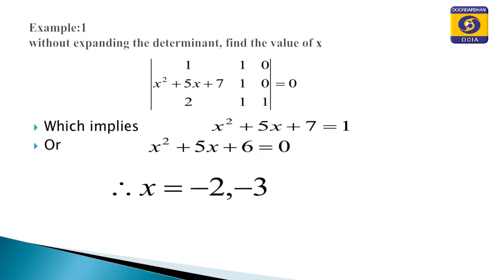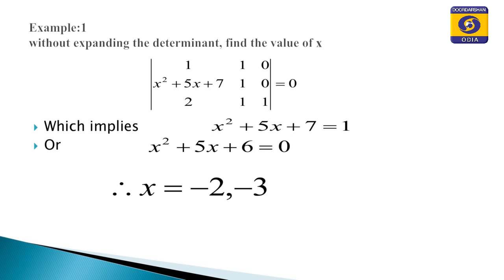Here is an example. Without expanding the determinant, find the value of x. Here the first column contains the elements 1, 1, 0, the second column contains x square plus 5x plus 7, 1, 0, and the third column contains 2, 1, 1. This determinant value is 0.